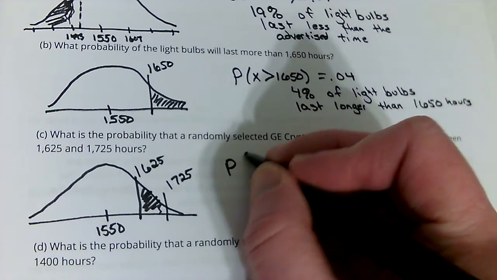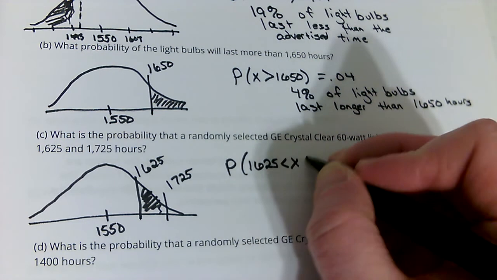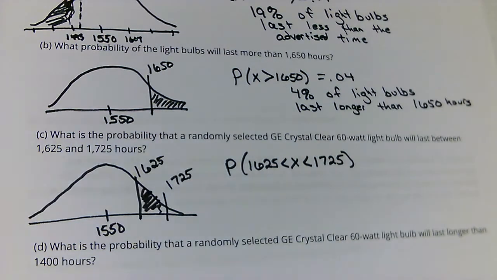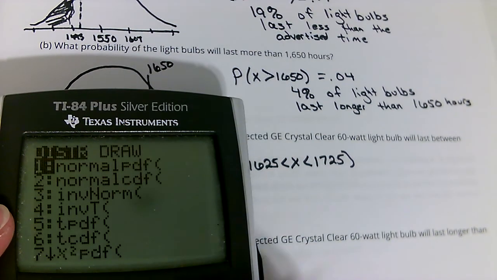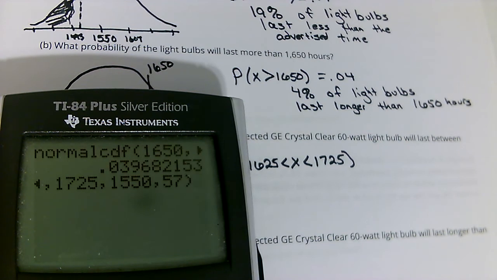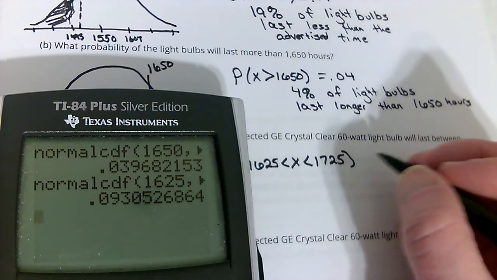Okay, so the probability that we're between 1625 and 1725. 1625 and 1725. And I got 0.093.